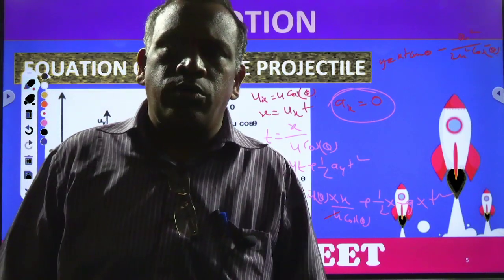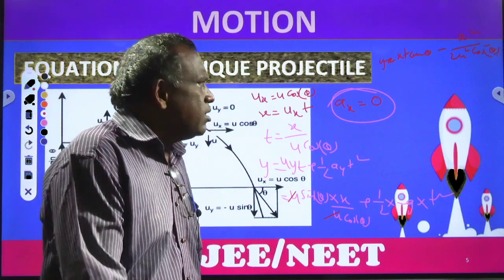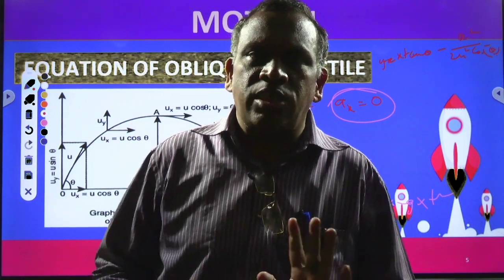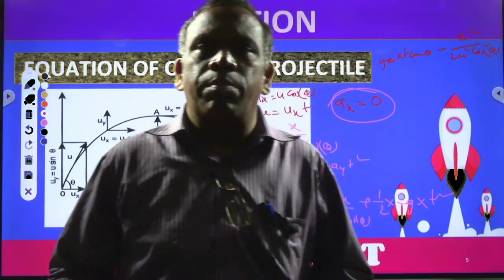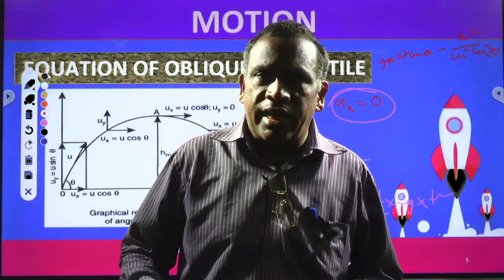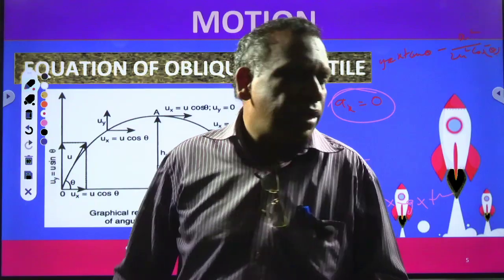This has the form y is equal to ax square plus bx plus c. This is the equation of a parabola. That's why the trajectory of a projectile is a parabola.